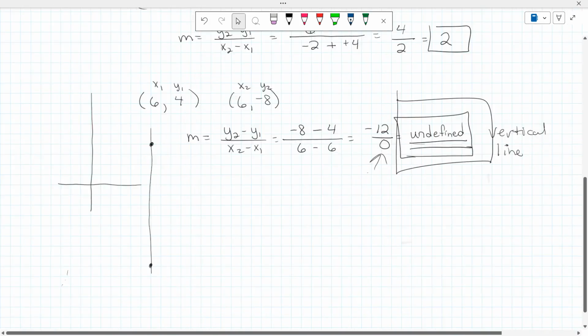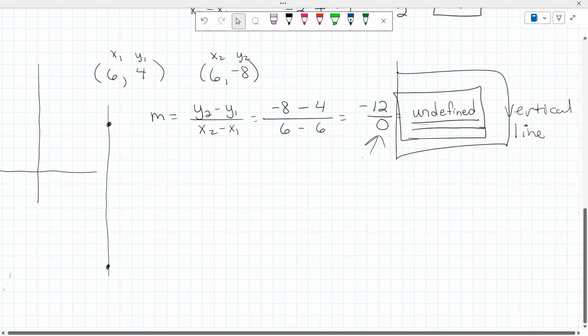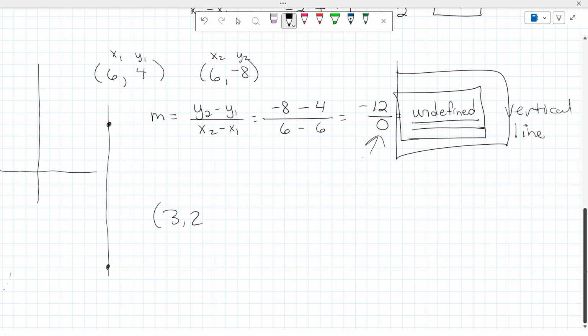So I'm looking for the word undefined if we divide by 0. Okay? Now, don't get caught up if you see a 0, then it's undefined. Because watch this one. So here's x1, here's y1, here's x2, here's y2. Slope is y2 minus y1 over x2 minus x1.